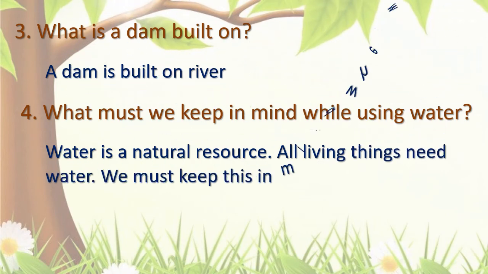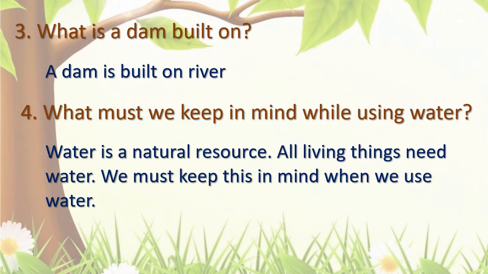All living things need water. We must keep this in mind when we use water. So we should not waste water because it is a natural resource and all living things, means plants and animals, they all need water. So we must keep this in mind when we use water.